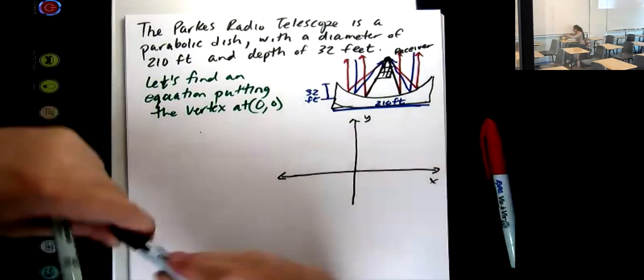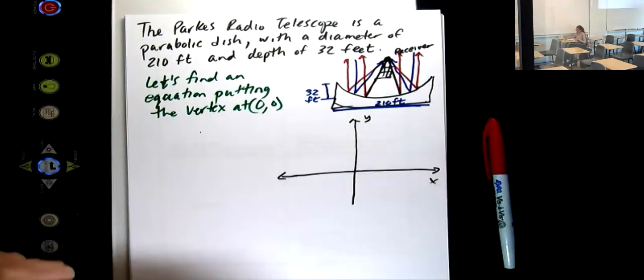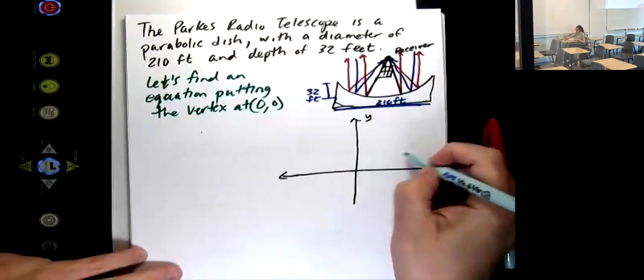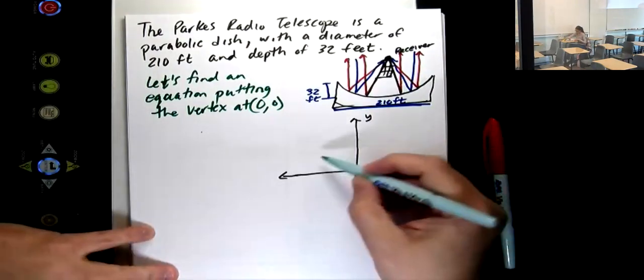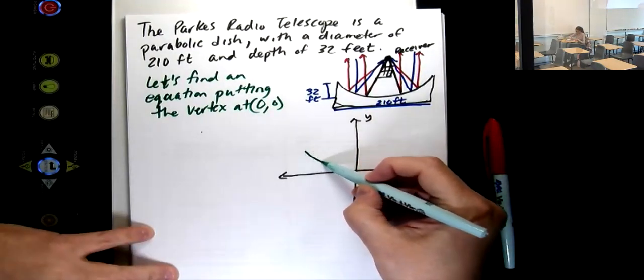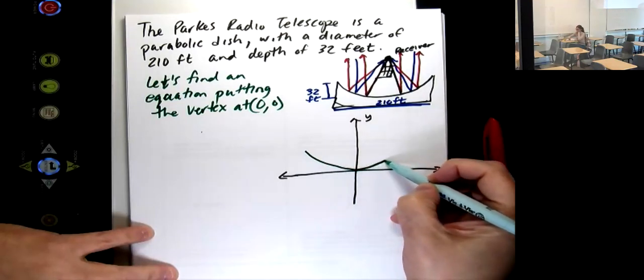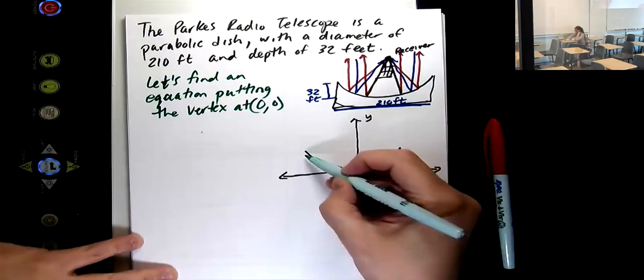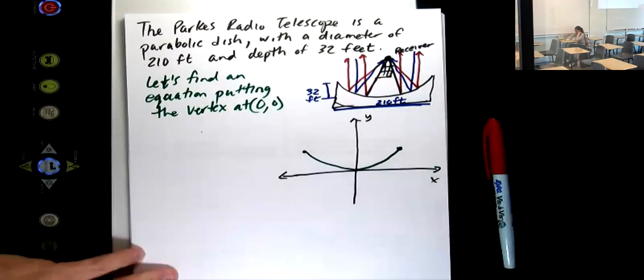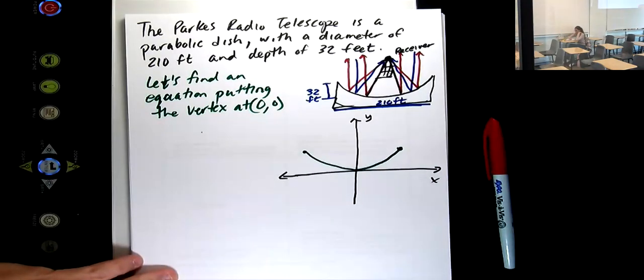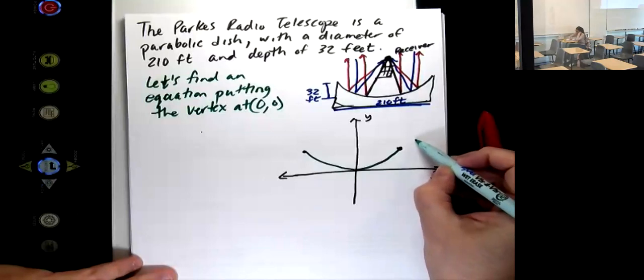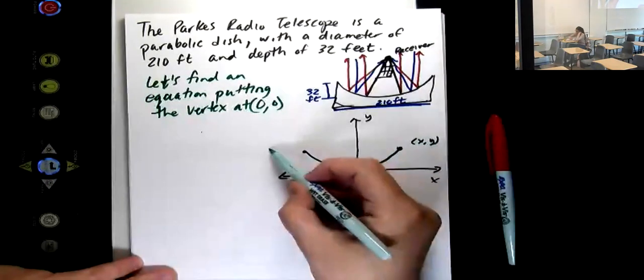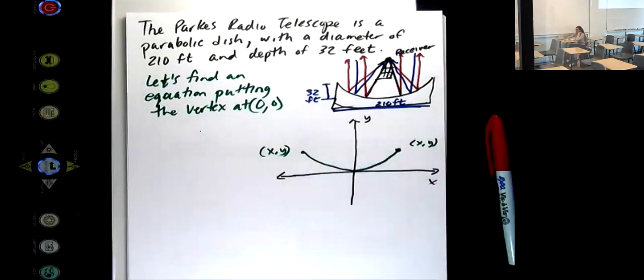There's no way this is going to be to scale because of 32 and 210, but I can try to make it look right, at least have the right shape. Let's call that our dish. Can I figure out the x and y values for this point and this point, given the information I have?